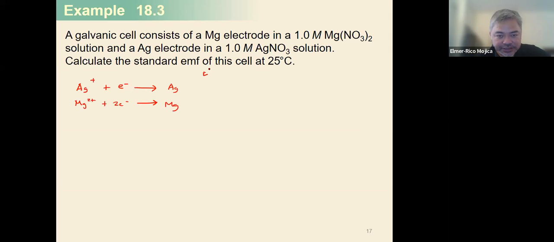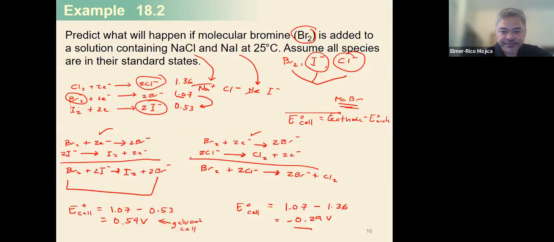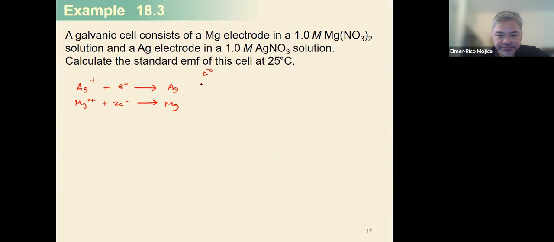And then we can get the reduction potential. The table should be given to you. So you have magnesium at negative 2.37 and silver at 0.80. So what we are asked here is just this.